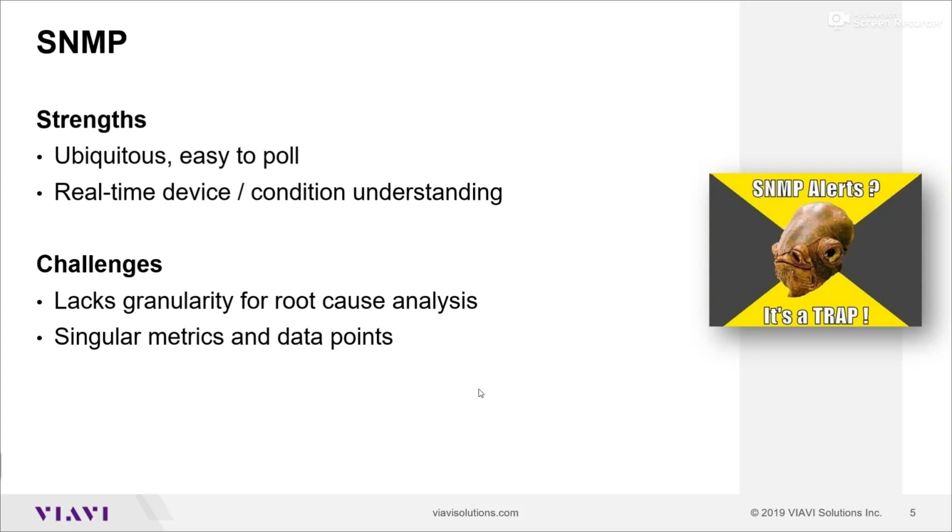SNMP is everywhere. There's a low barrier of entry to leverage it. So to your point, it's fantastic for getting that kind of up-down information about individual assets. You can always use ping and ICMP to determine if a device is up or down.